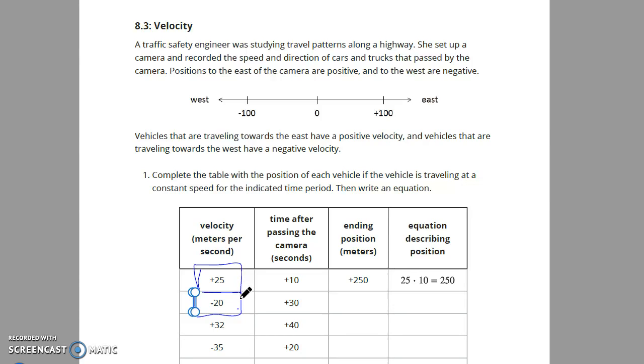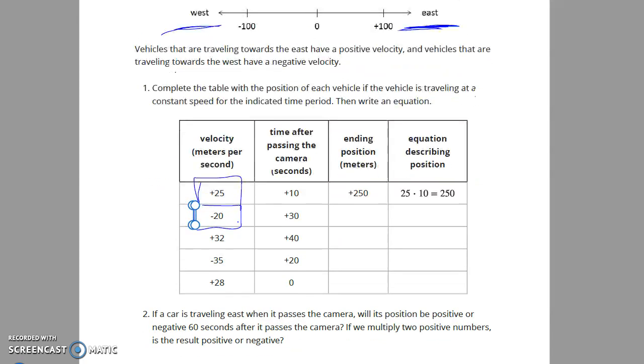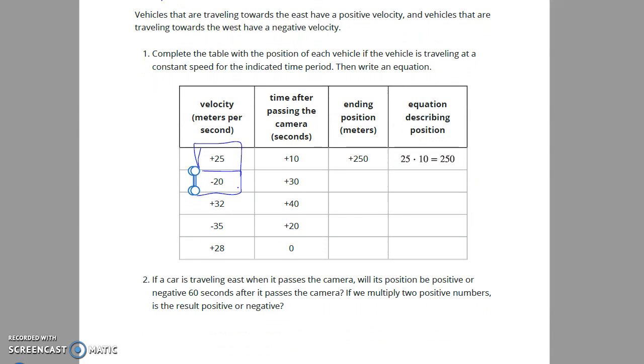Positions to the east of the camera are positive, and to the west are negative. Vehicles that are traveling towards the east have a positive velocity, and vehicles that are traveling towards the west have a negative velocity. Okay, I think that's important. Complete the table with the position of each vehicle if the vehicle is traveling at a constant speed for the indicated time period. Then write an equation.